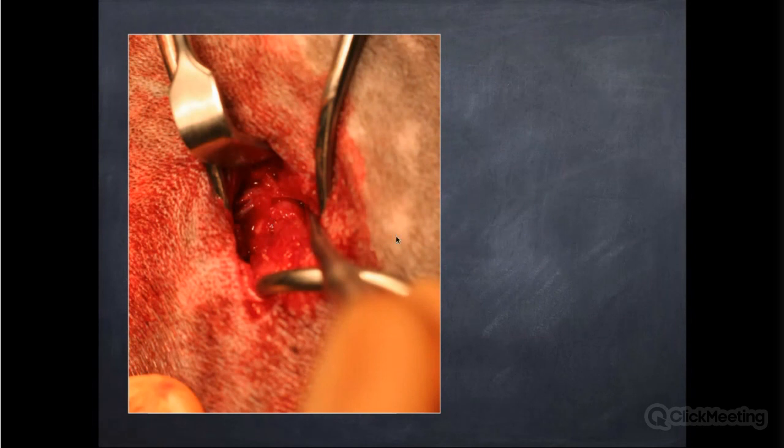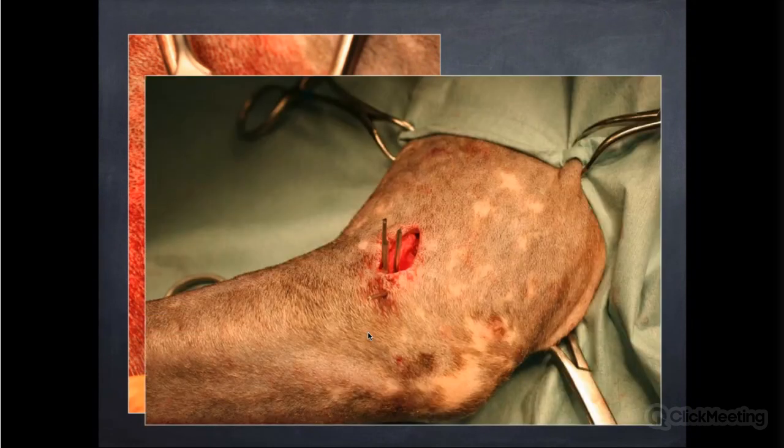And in this way, I will avoid entering the joint, the elbow, and this will dramatically reduce the aggressiveness. And then in very young puppies, I'm convinced that it's much better to use just the K-wire technique to stabilize those fractures instead of using screws.